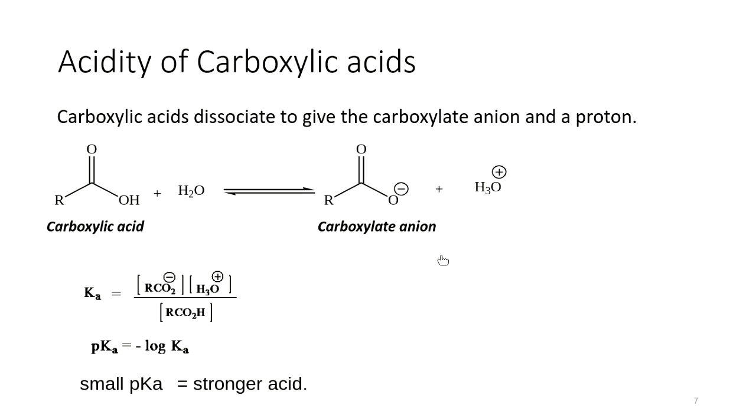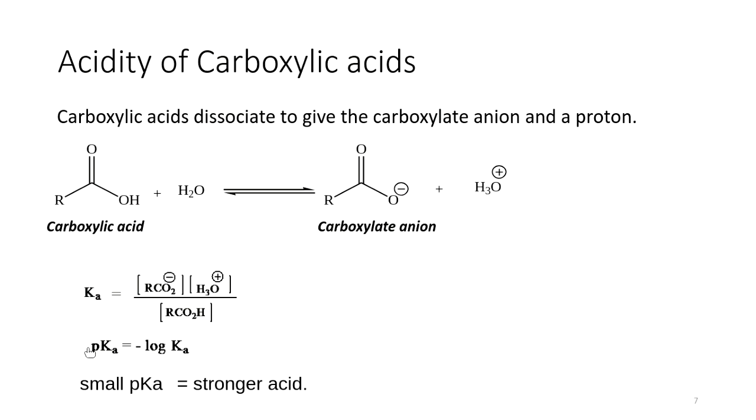And if we have a large Ka, we're going to have a small pKa. And pKa is usually the factor that we use to describe acidity for our carboxylic acids. And just like pH, the lower the pKa, the stronger the acid.